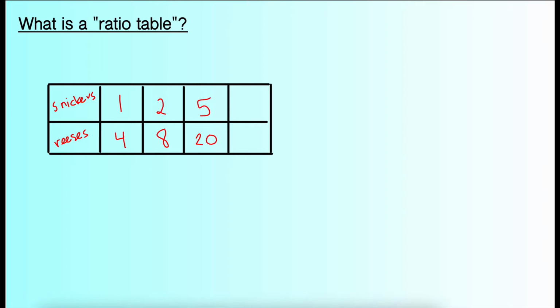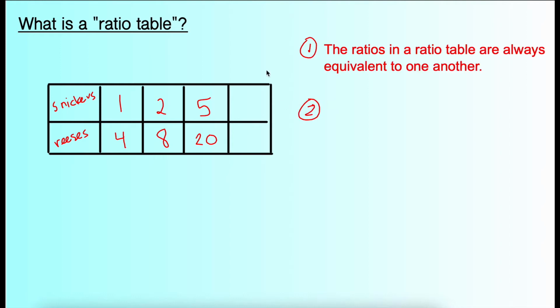Let's write a couple things about this though. Number one is all of the things in a ratio table are equivalent to one another. Number two is how can I generate other values in a ratio table? I'd say there's 2 ways.